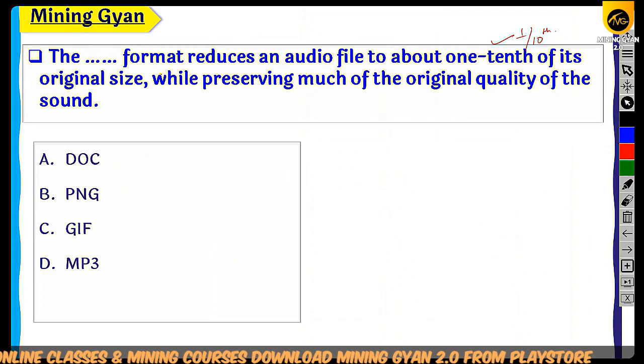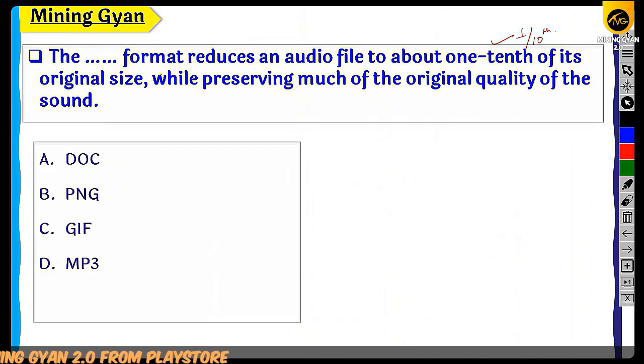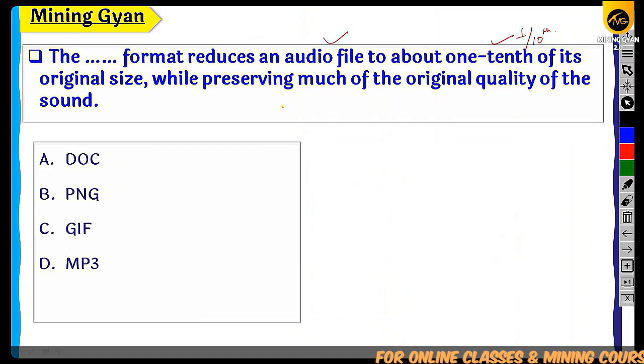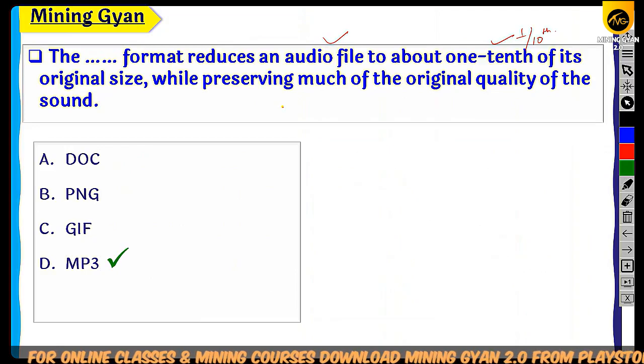Basically, the question is which format reduces an audio file to about 1/10 of its original size without losing its original quality. Option A is DOC file, PNG file, GIF, or MP3. These are file formats. Since this is an audio file, it will be MP3. So MP3 is the format which reduces an audio file to about 1/10 of its original size. Okay, so option D is the correct answer.